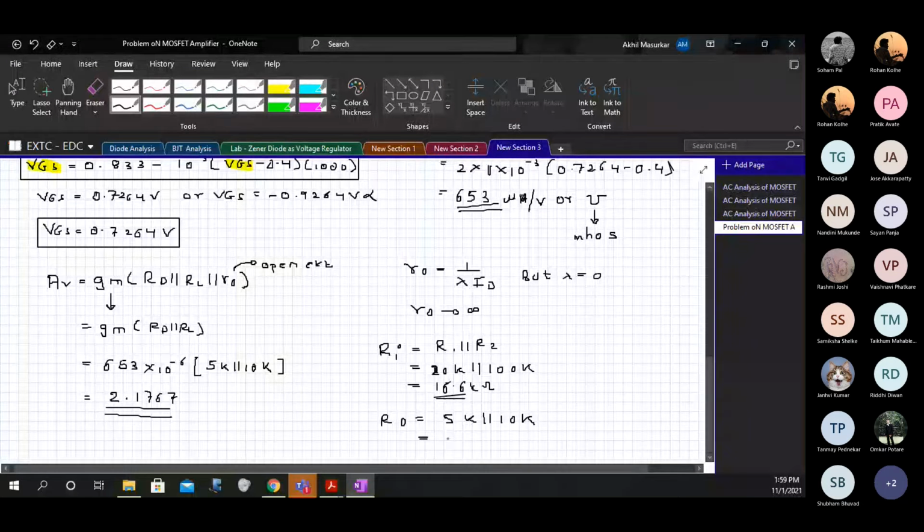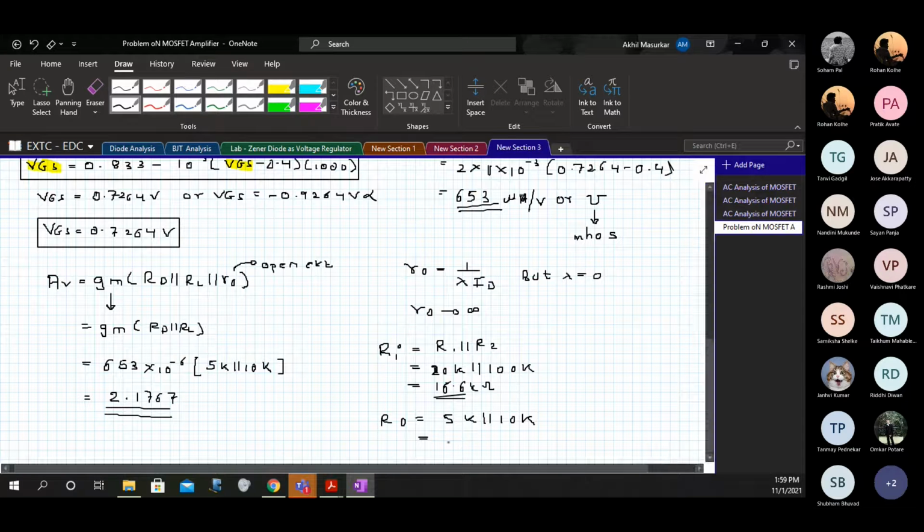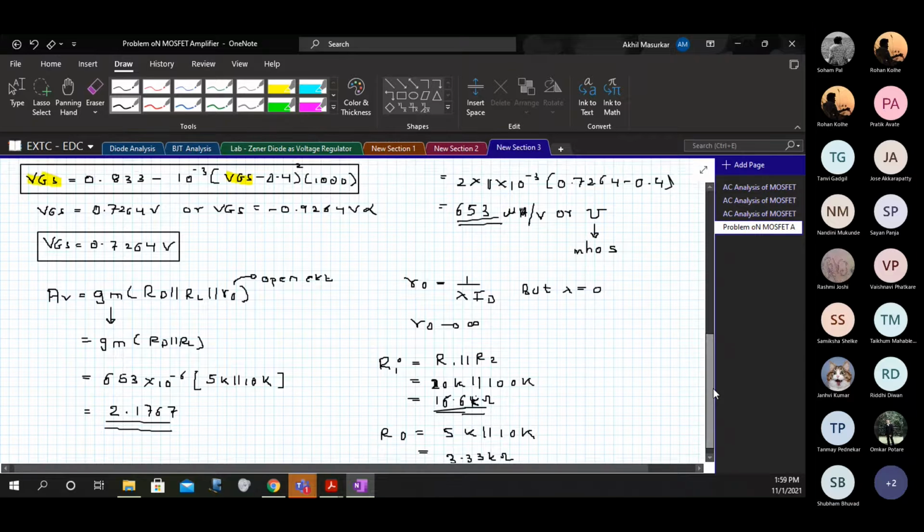And what about R0? 3.33 kilo ohms, correct. Okay, so everything is now solved.